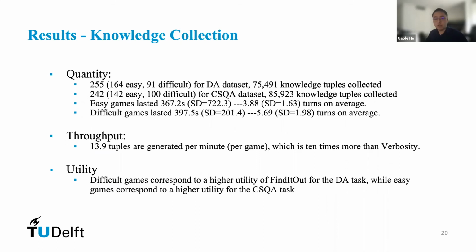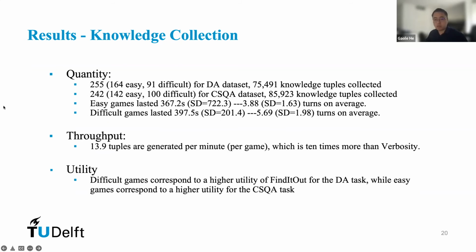On average, easy games lasted around 6 minutes, and players spent around 4 turns for each easy game. Similarly, difficult games last 6.5 minutes, and players spend around 6 turns for each difficult game. On average, the throughput is 13.9 tuples per minute per game for Find It Out, which is 10 times the existing method Verbosity.